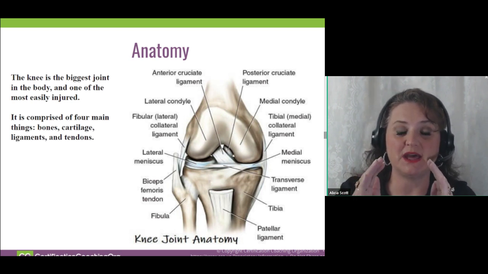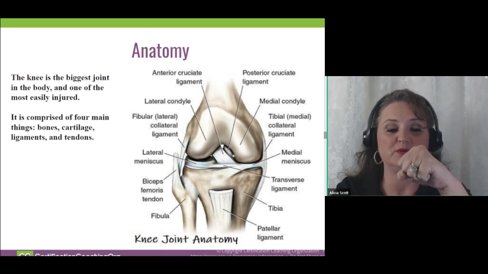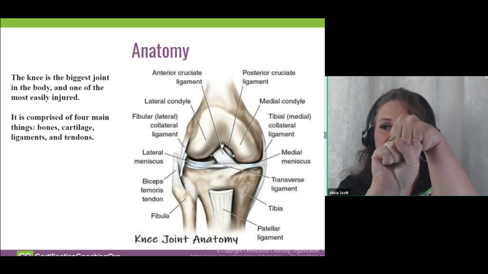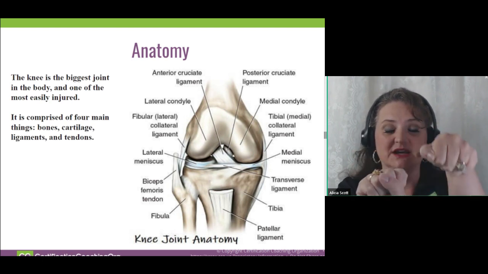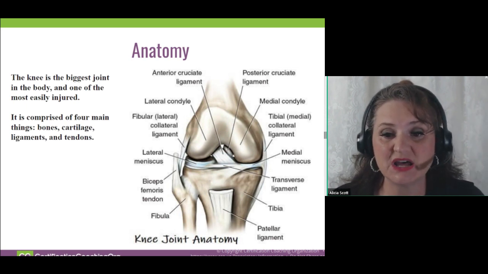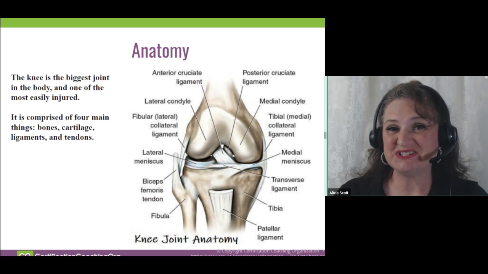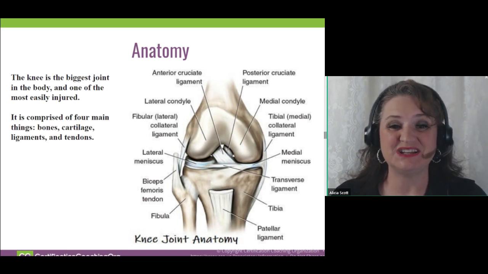They're holding those in place so that the bones that are on top of each other like this don't fall off side to side. Those get stretched, sometimes they tear, and once they're all stretched out, you don't have good knee support.